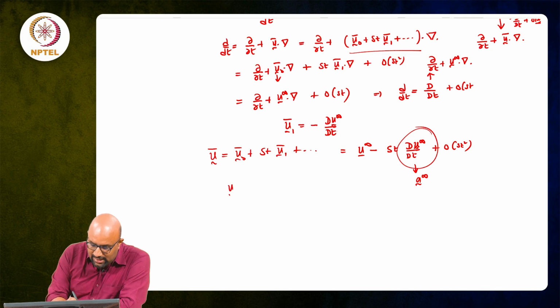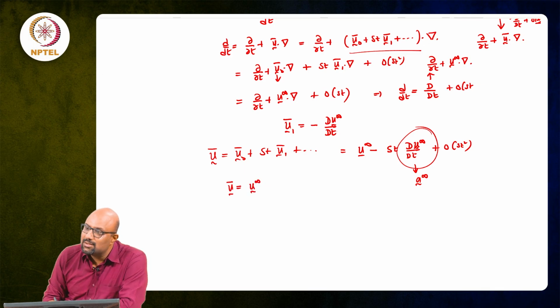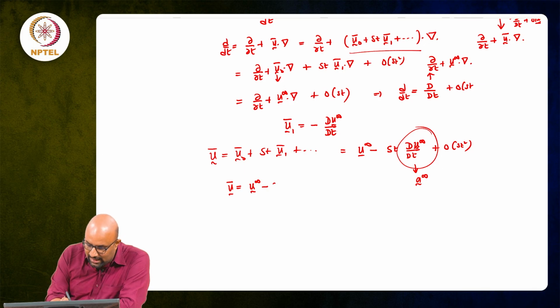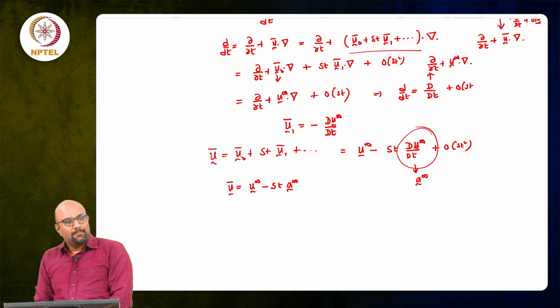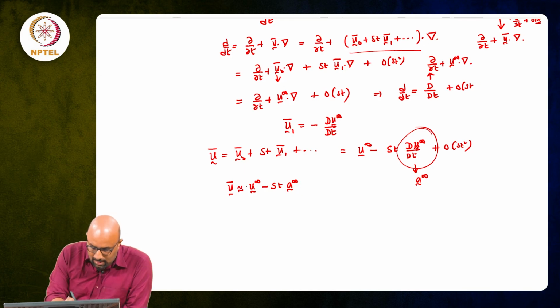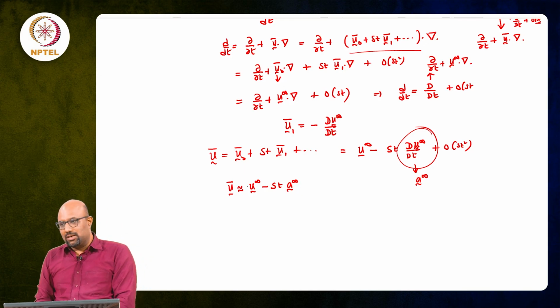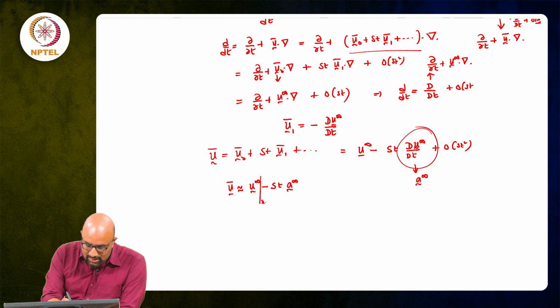So what you are saying here is that when inertia is small but non-zero, there is a correction to the particle velocity. When I am doing this approximation, there is a correction to particle velocity which depends on the local fluid acceleration, because all of these are evaluated at the particle center.